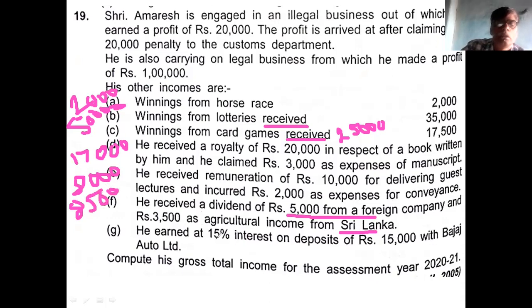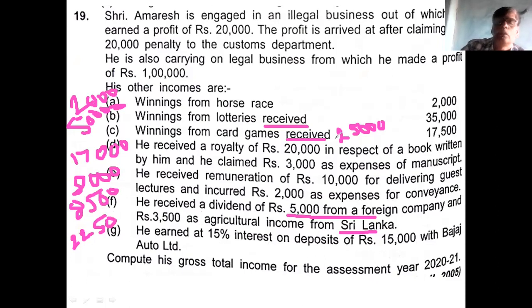Okay. Then interest on deposit. Interest at 15% on deposit of 15,000. So if you calculate 15% on 15,000, that is 2,250.